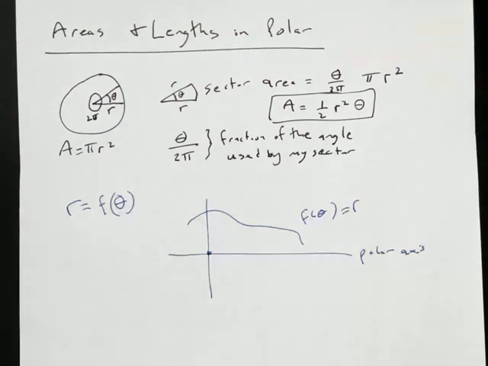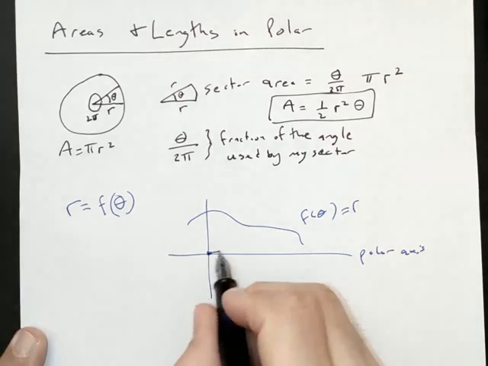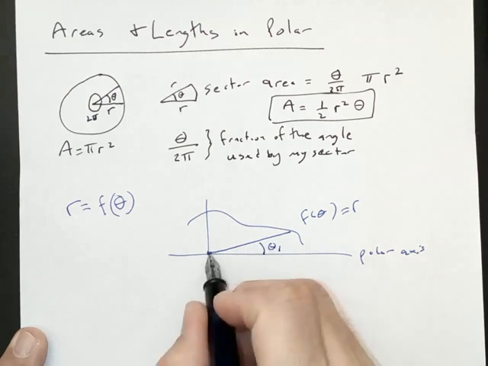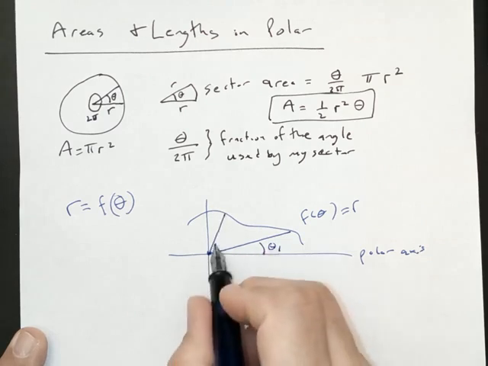Wait a minute. Normally we think of integrals in terms of x and y, but now I'm thinking of this as a function of theta. That means I'm integrating in terms of theta, which means instead of starting at some x on the left and going to some x on the right, I'm going to start at some angle and go to some other angle.